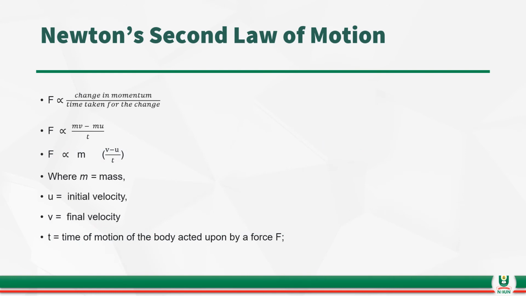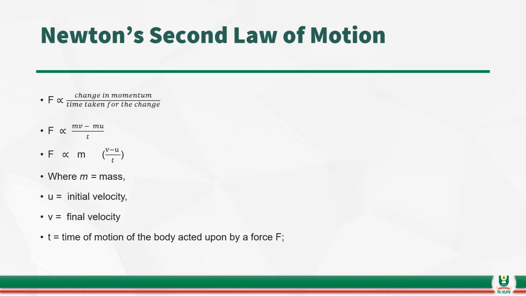This formula is just showing you the mathematical way of expressing Newton's second law of motion. Force is proportional to change in momentum all over the time taken for the change. So mathematically, we have F proportional to mv, where v is the final velocity, while the u in the formula stands for the initial velocity.